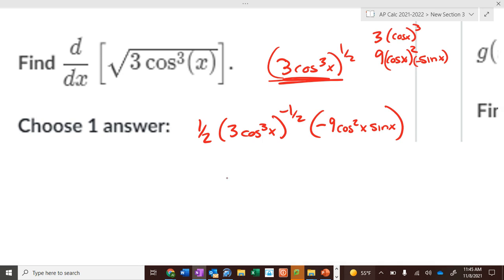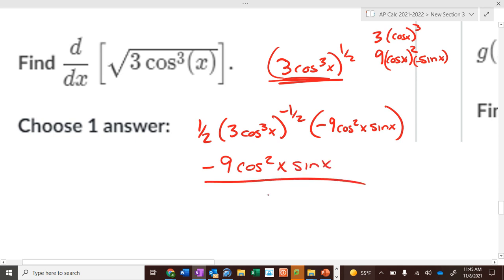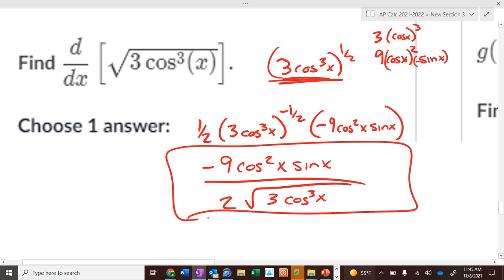So in the end, we get negative 9 cosine squared of x sine of x over 2 square root of 3 cosine cubed of x. And we can leave it like that.